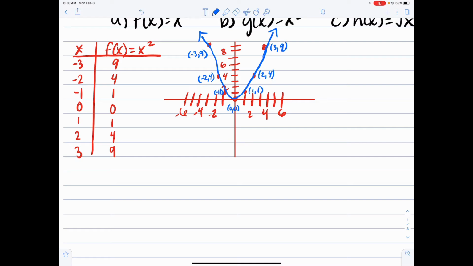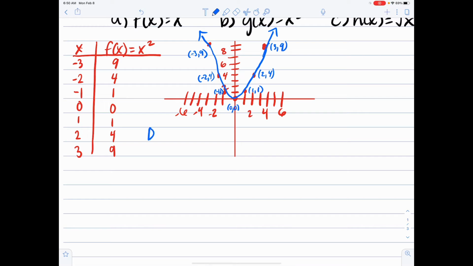So your domain, if you think about it, you can go all the way into the negatives for the x and all the way into the positives for x. So that means your domain is all real numbers, so that's -infinity to infinity. I always struggle with the infinity sign.